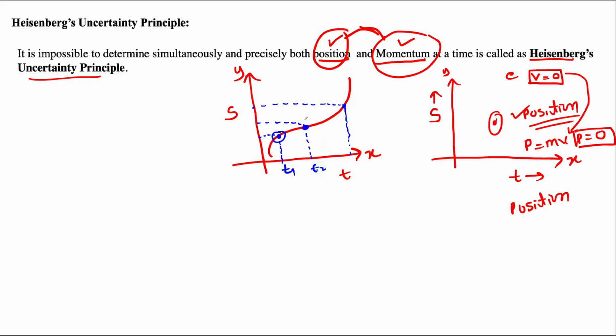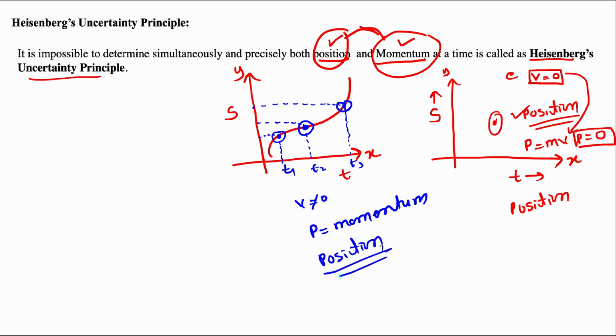At t2 time, the position of the particle is here. At t3 time, the position of the particle is here. That means the velocity should not be equal to 0 for that electron or particle. That means we can find out the momentum, but you can't find out the position of a microparticle. In this case we find the momentum, in the other case we can find the position.